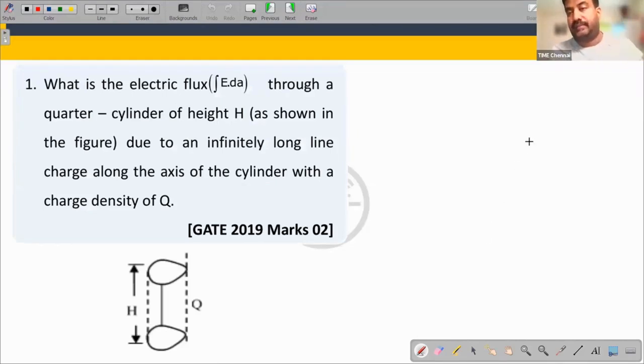Try and solve this. This is a question related to infinite line.